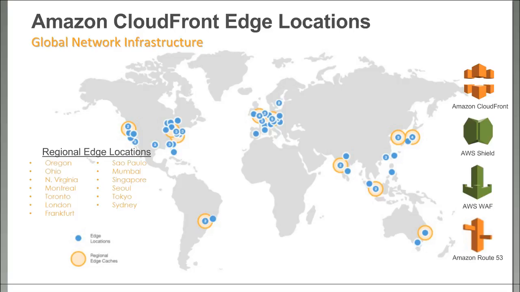The regional edge locations are listed here, and they are available to all CloudFront users. You can consider them like a mid-tier cache, where the edge locations, the penultimate edge location, are homed into, and then finally those regional edge locations will talk directly to your origin servers. The edge locations include, again, CloudFront, Shield, WAF, and Route 53.